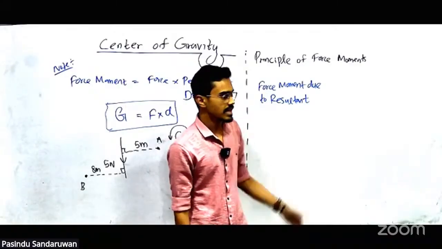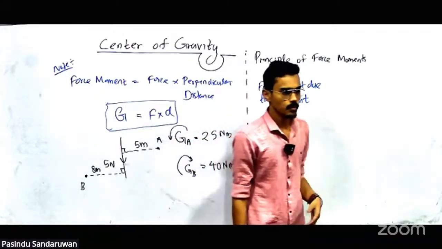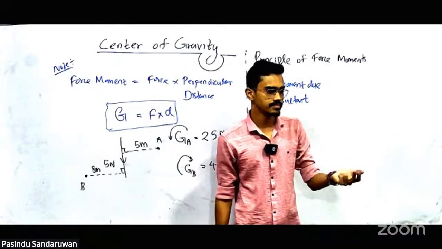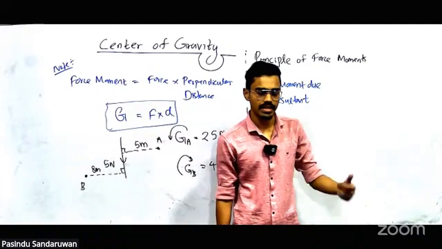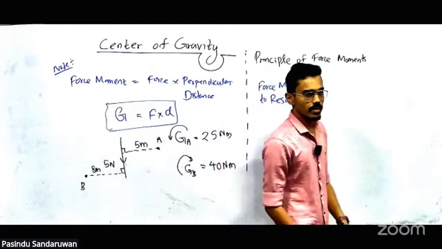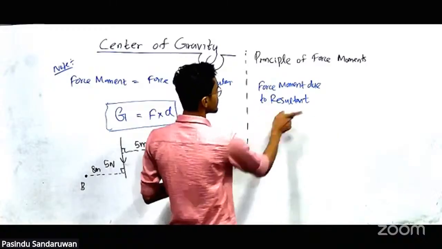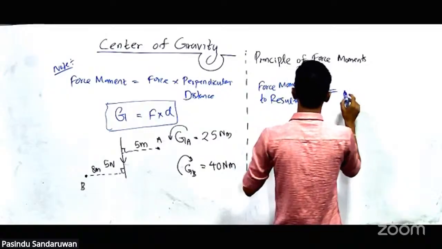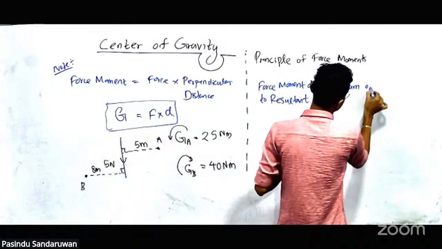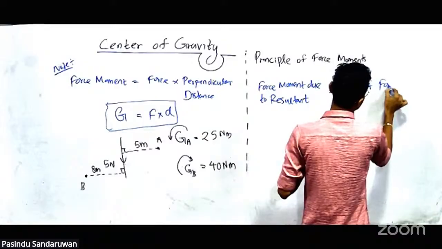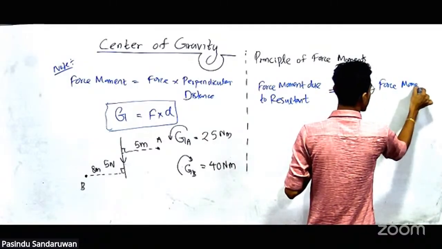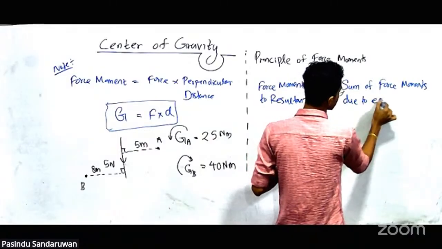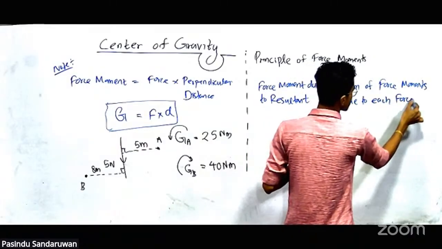That is what we determine in vectors: vector angle, vector parallelogram, vector additive law. That is all about resultant. So the force moment due to resultant equals the sum of force moments due to each force. This is called the principle of force moments.